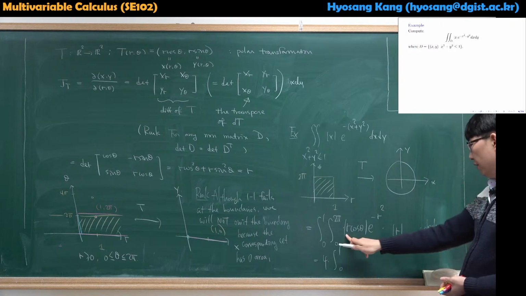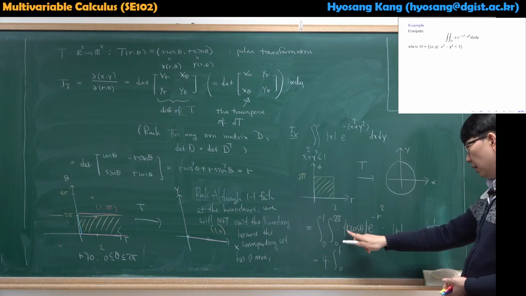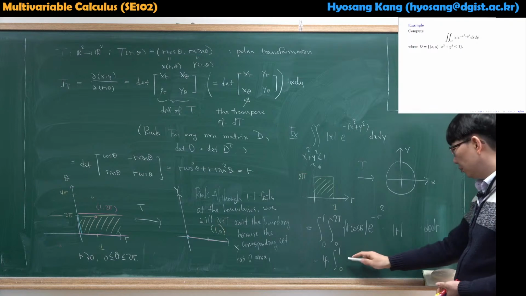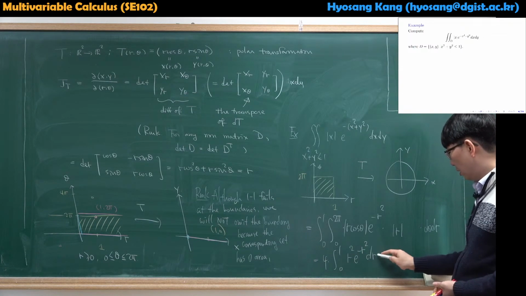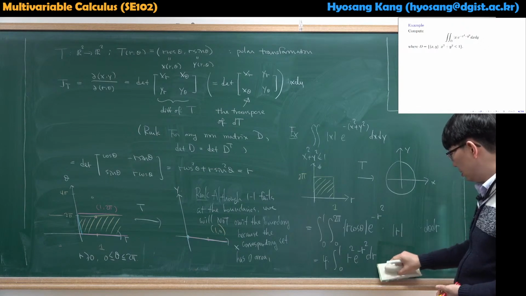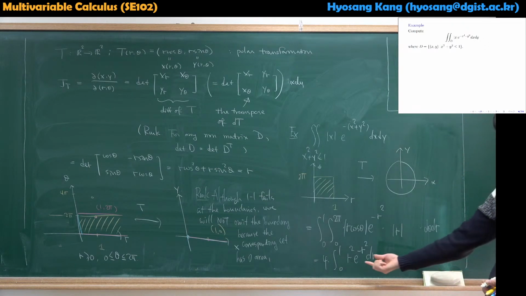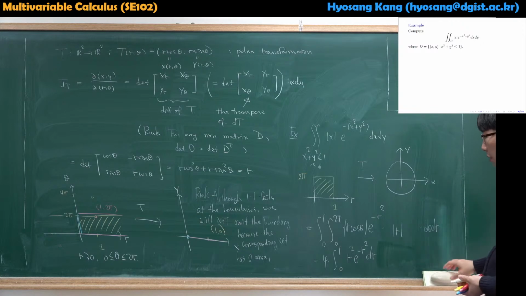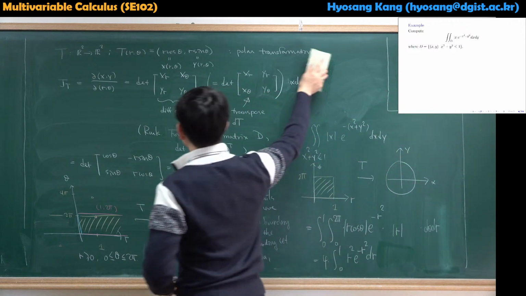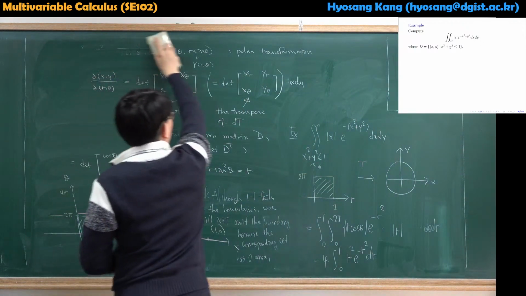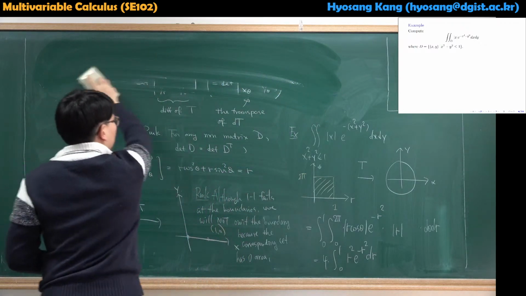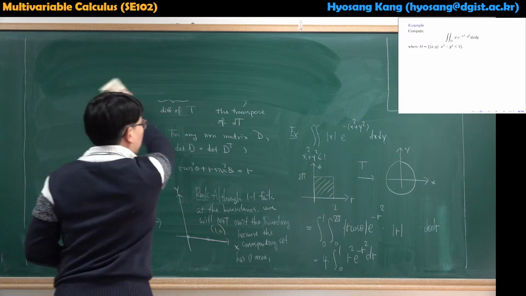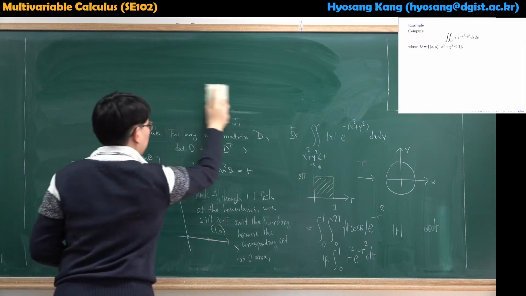And then we have the square root of r, twice, so we have r squared and e to the minus r squared dr. It's just a matter of this single integration. So I hope I can integrate that using integration by parts.